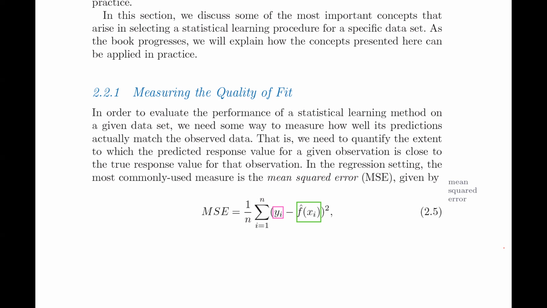And I know it's not really going to make much of a difference writing y hat, but I'm going to write it, well, for consistency, I'll use green. So this is y hat i. And you're looking at the difference.